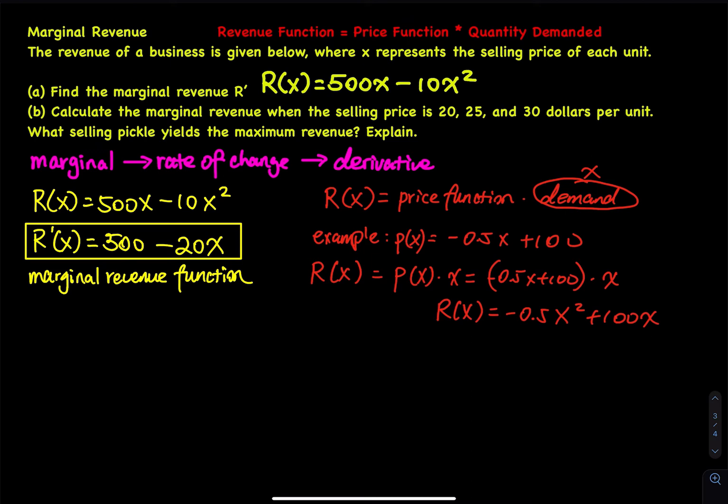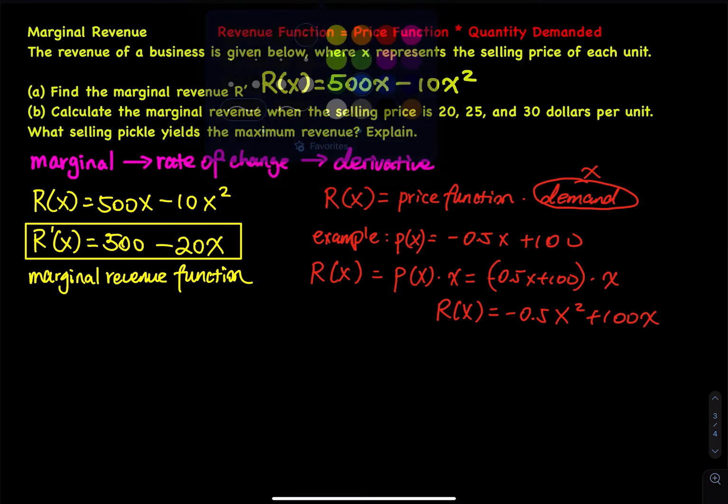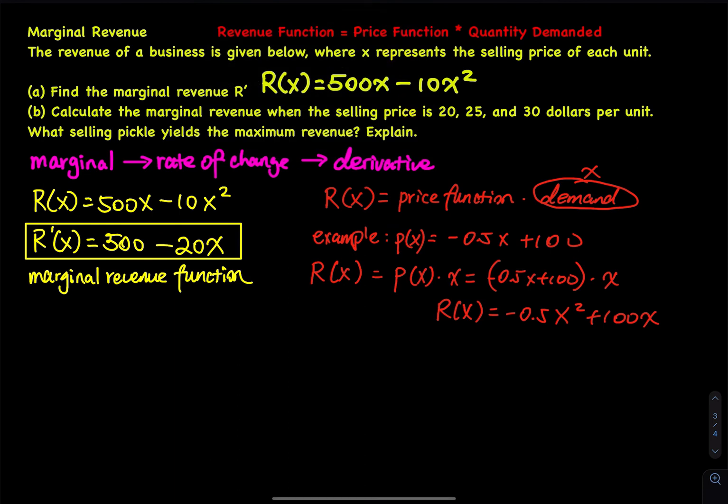Part B is: calculate the marginal revenue when the selling price is $20, $25, and $30 per unit. All right, let's get that. So when X is equal to 20, 25, and then 30, I am asking for the marginal revenue.